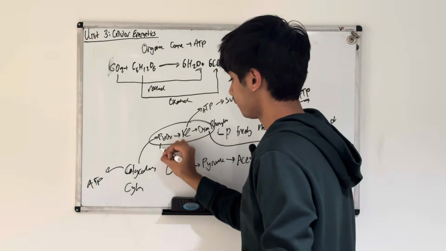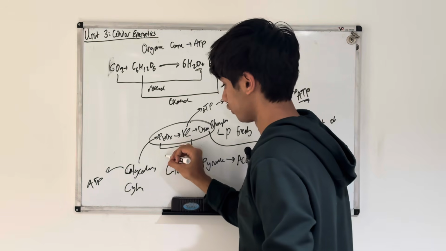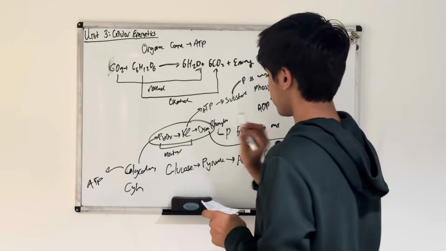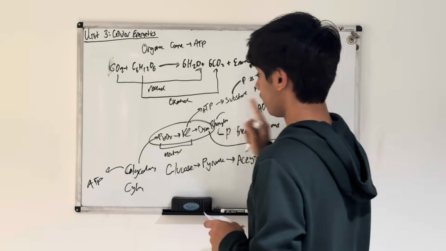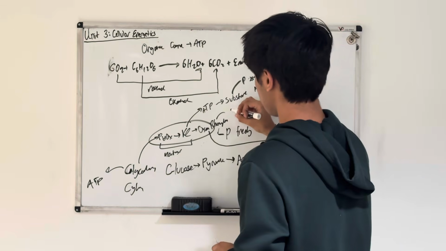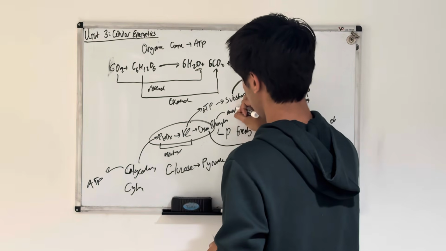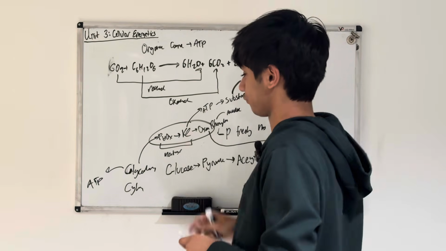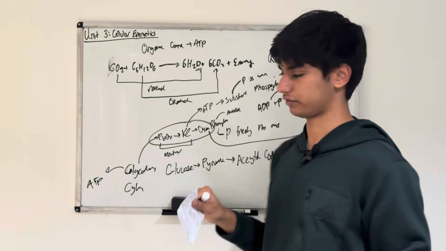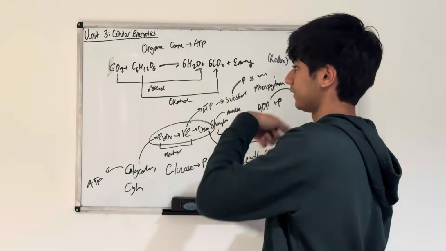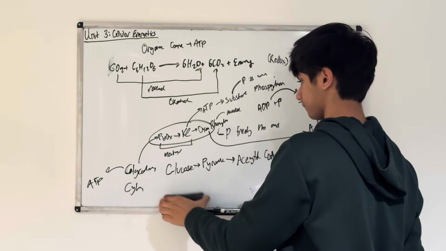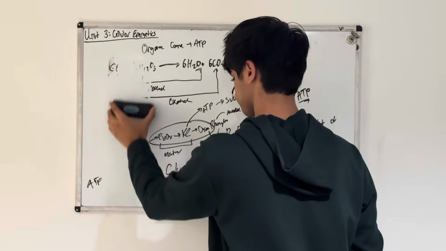Both pyruvate oxidation and the Krebs cycle occur in the mitochondrial matrix, so inside the cytoplasm of the mitochondria, versus oxidative phosphorylation, which involves the electron transfer chain and occurs in the inner membrane of the mitochondria. So it's kind of the opposite steps as photosynthesis, right? Because we end with the electron transfer chain. So it's kind of the opposite. Okay.